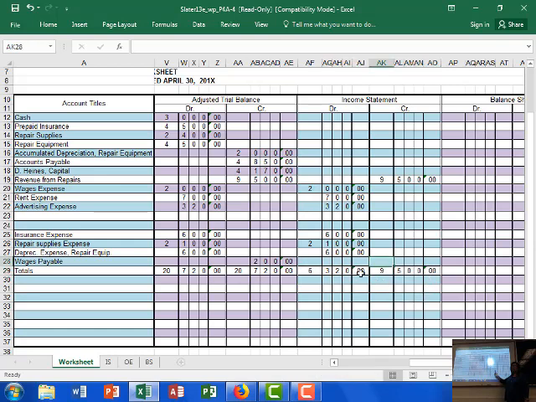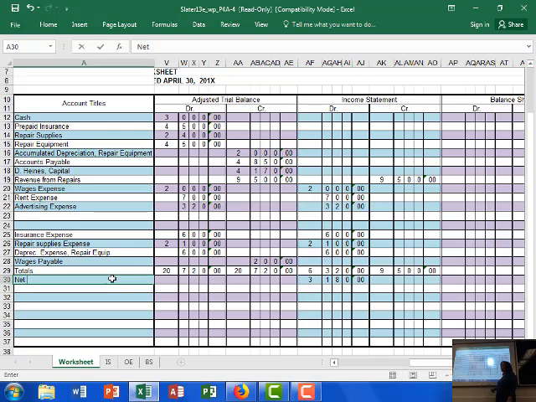Did we make money? Just by eyeballing it, did we make money? Not a lot, but we made money. We covered our expenses, plus we had what is considered a profit of how much? 3,000 and something, right? How much? $3,180.